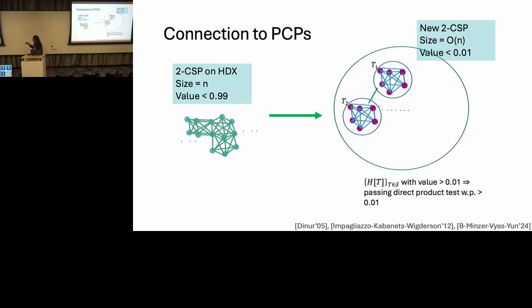The rough argument is that if the value of this instance was larger than 0.01, it would mean that it passes the direct product test with probability at least 0.01, because a verifier would test consistency between two random hyperedges. And this allows you to conclude that the original 2CSP has large value.